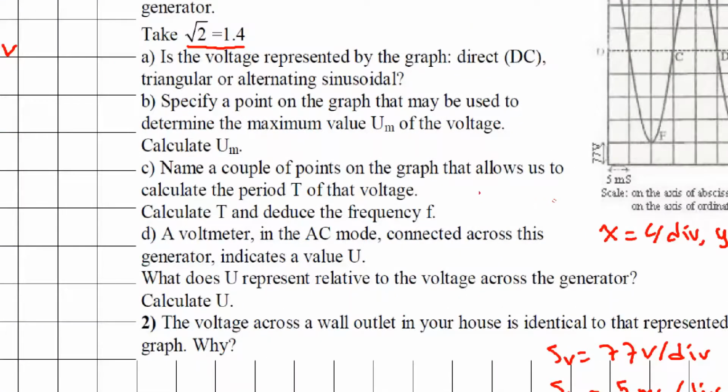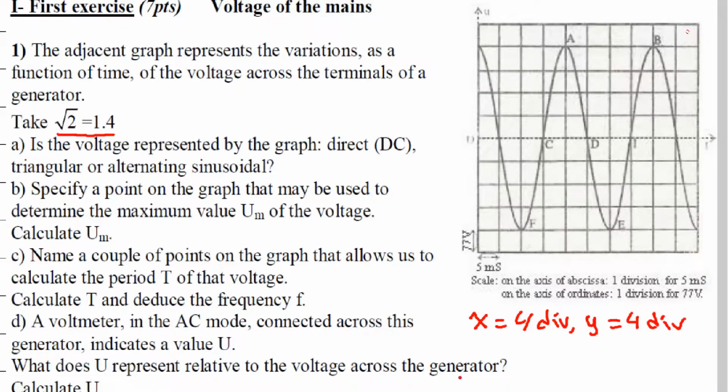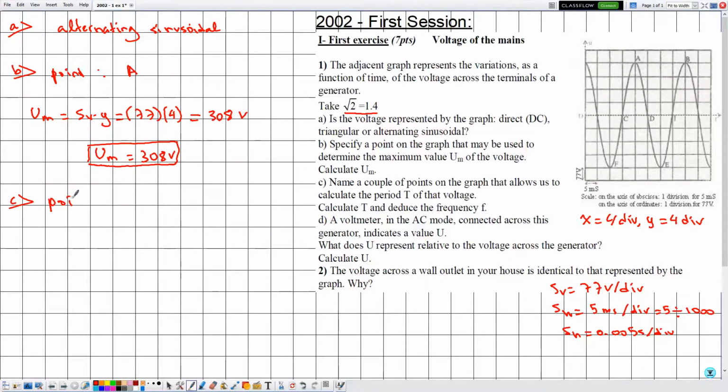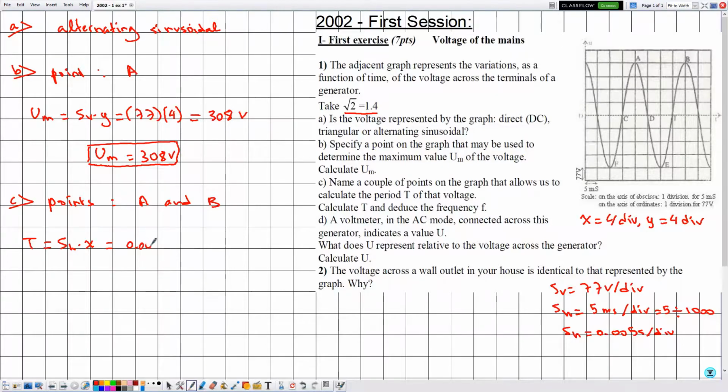Now in part C, name a couple of points on the graph that allow us to calculate the period T of that voltage. We know that the period T is related to the value of X, because the period is equal to SH multiplied by X. So the couple of points will be A and P. Now they are telling me to calculate the period, which is SH multiplied by X. The value of SH is 0.005, and the value of X is 4.